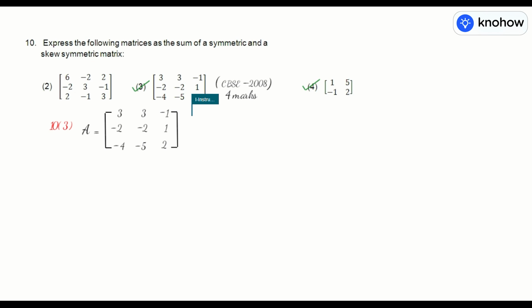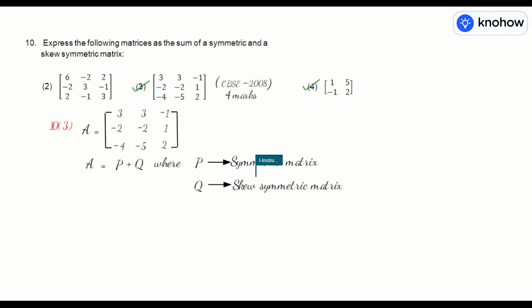Okay, we have to express A as sum of two matrices, say P and Q. That's what is required, where one of them is symmetric. So we'll express it in such a way where P is a symmetric matrix and Q we'll find that Q is skew symmetric matrix.